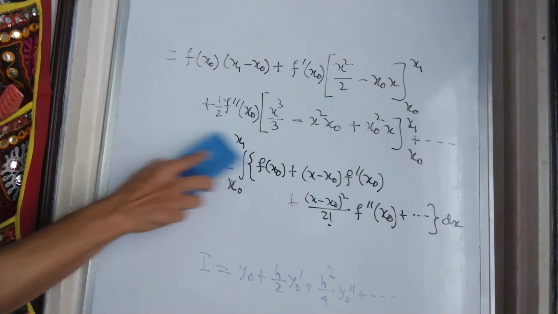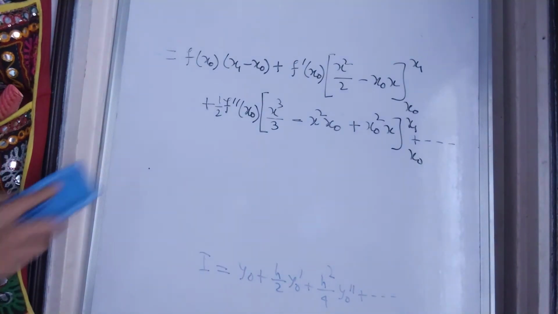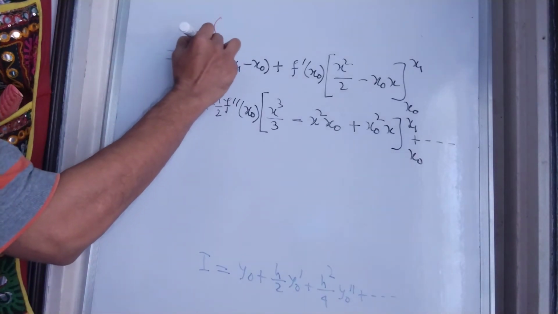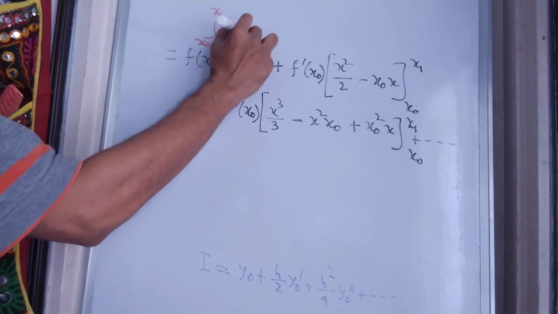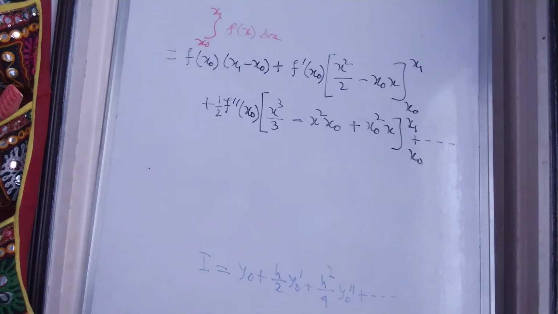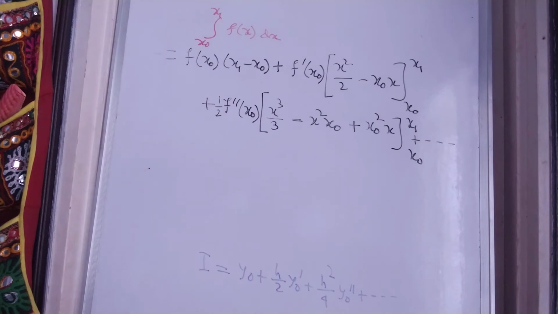So what is the value of the integral x0 to x1 f(x) dx, where we have replaced f(x) by its Taylor series expansion with respect to a point near to x0, which is x, the running coordinate.